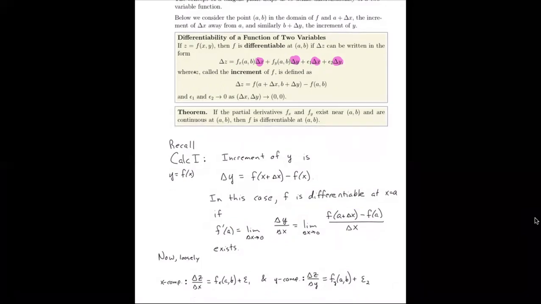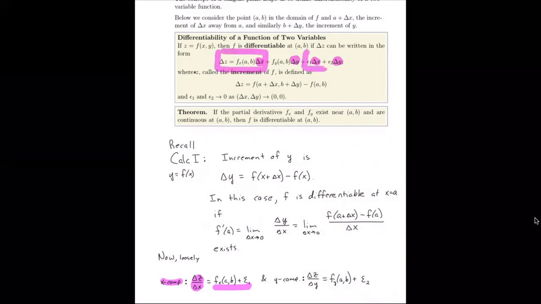In other words, in the x component, delta z over delta x can be written as, well, f sub x of (a, b) plus epsilon 1. It just looks like we're solving for things involving x. On one side, we're collecting delta z over delta x for what we see down below.